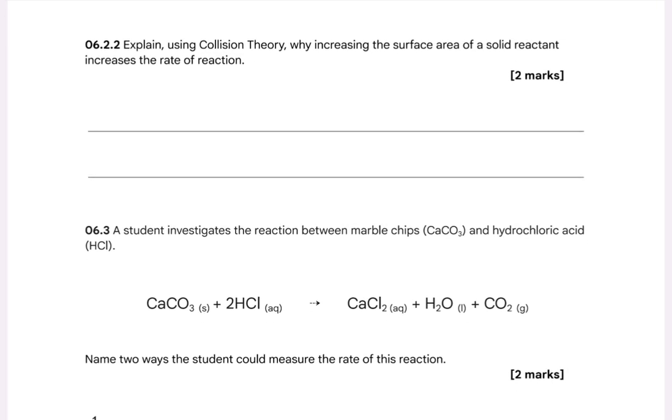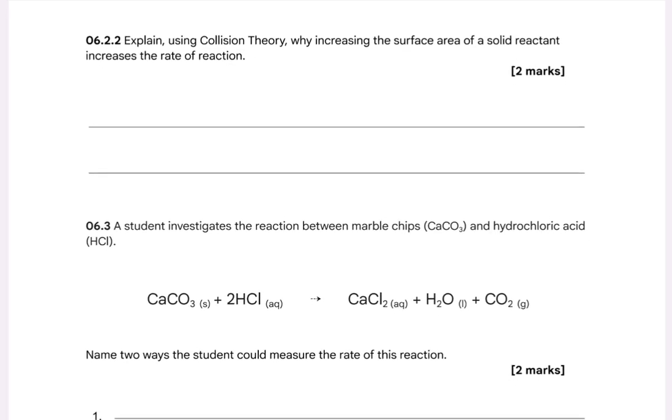So moving into the next one then, again using collision theory, it's asking us to explain why increasing the surface area of a solid reactant increases the rate of reaction. So if we increase the surface area, it allows for more exposed particles.